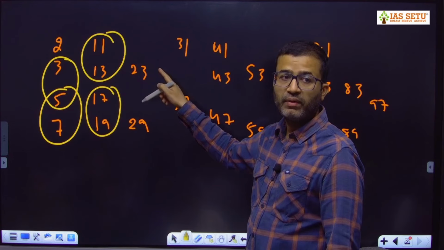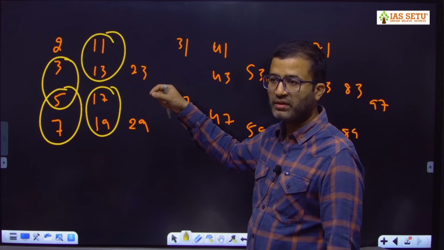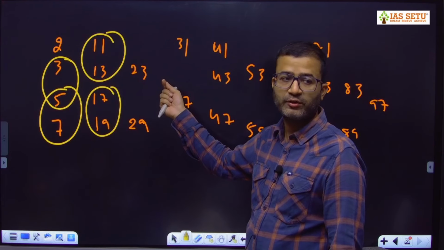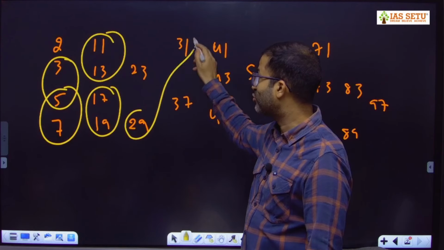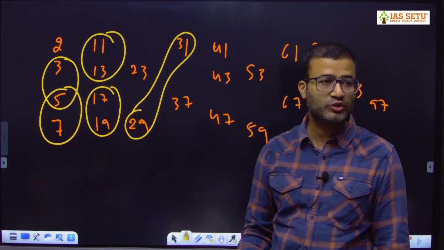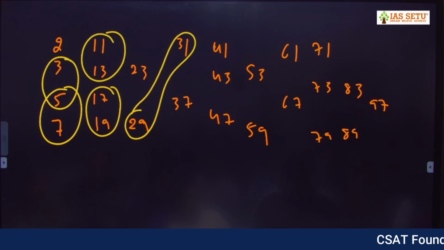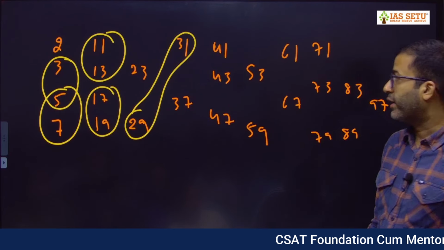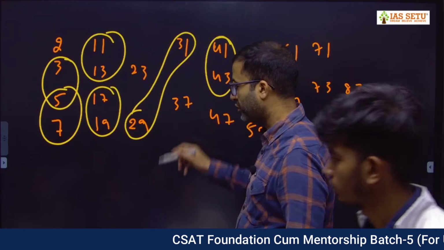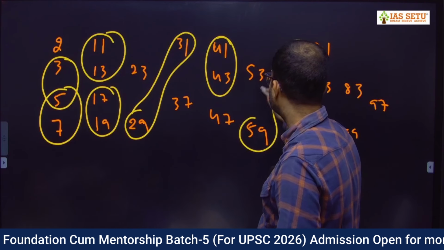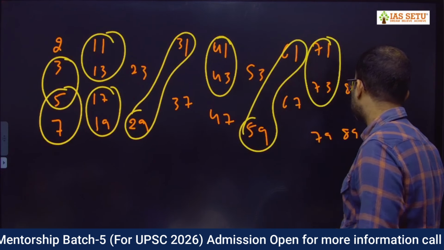Might be some teacher asks you to read between the lines for your GS part. You have to read across the lines also. So 29 and 31 is also a pair of twin primes. Okay. Next is 41, 43. 59, 61. 71, 73.